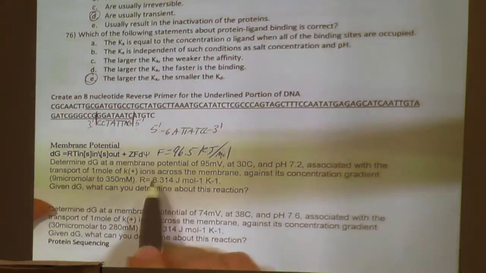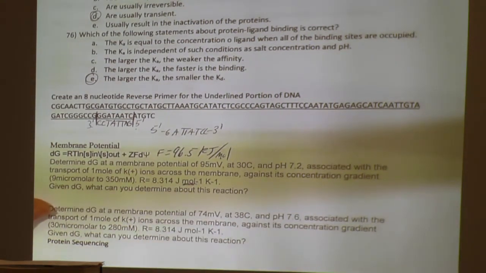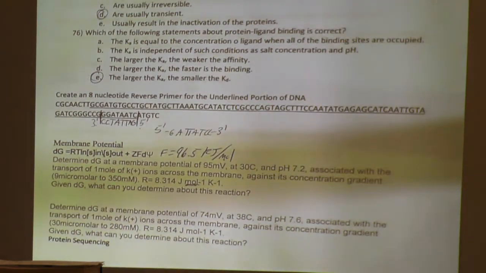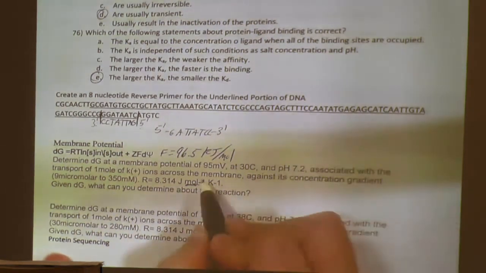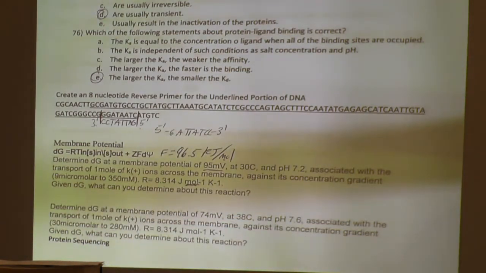And if R is in moles, are you going to have to do some unit conversions? Yeah, you're going to have to do some unit conversions for these, especially with millivolts, micromolar, and millimolar, all that fun stuff.